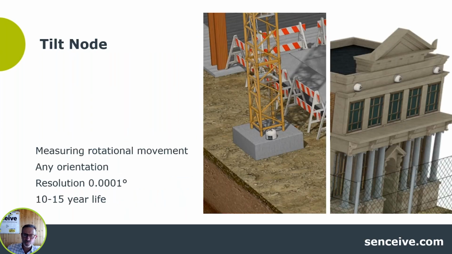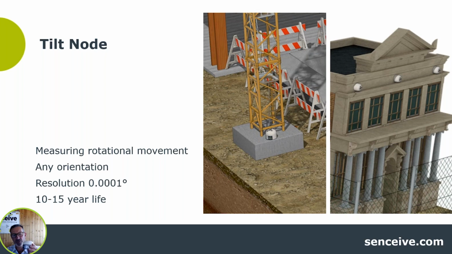The tilt node, well, this is the backbone, I think, of most remote condition monitoring systems. It measures movement to a high degree of precision. It can be fixed at any angle to pretty much anything. The sample in my hand, this is a nano macro.